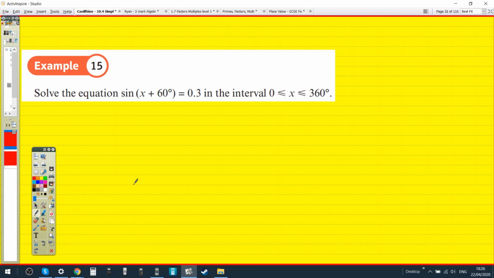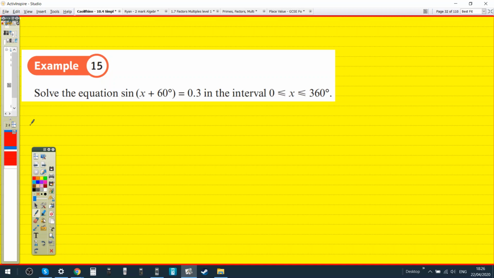So x plus 60. Does it shift the graph left? Correct. Shifts the graph left 60 degrees. So do we do the thing where we change it to left?